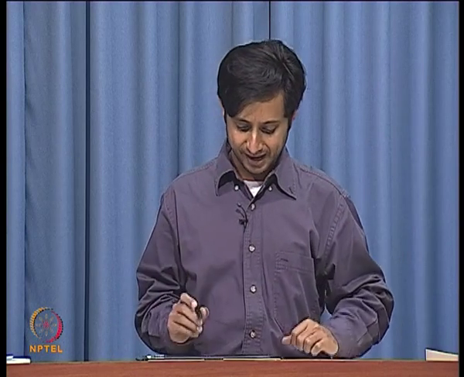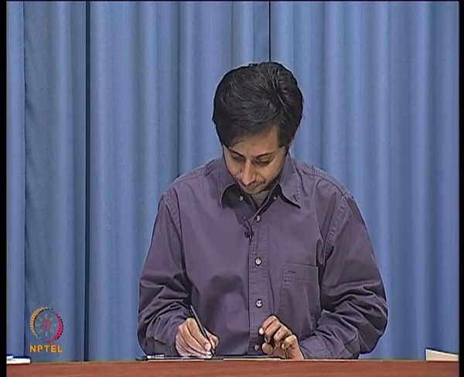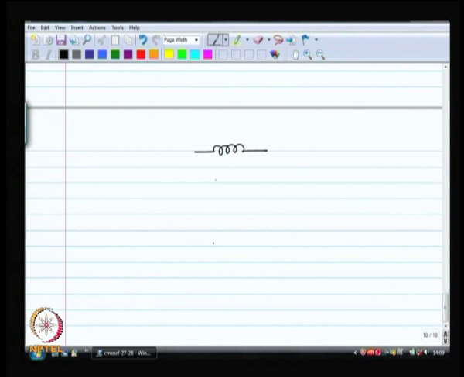Okay. So, let us first attempt to make a tank based oscillator, and as we talked about, if I merely put an inductor in parallel with a capacitor, it should work, but I understand that the inductor is never going to be an ideal inductor. So, there is going to be some parasitic resistance.